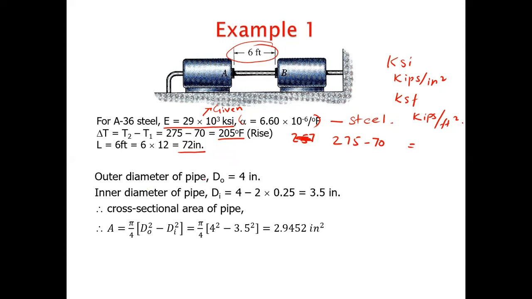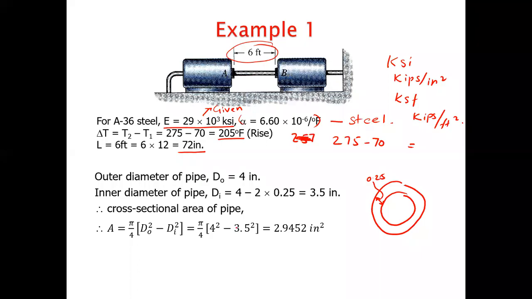Anyway, the outer diameter of the pipe is 4 inch. Suppose this is a pipe, I'm elaborating it. This is the wall thickness, 0.25, and the outer diameter is 4 inch.